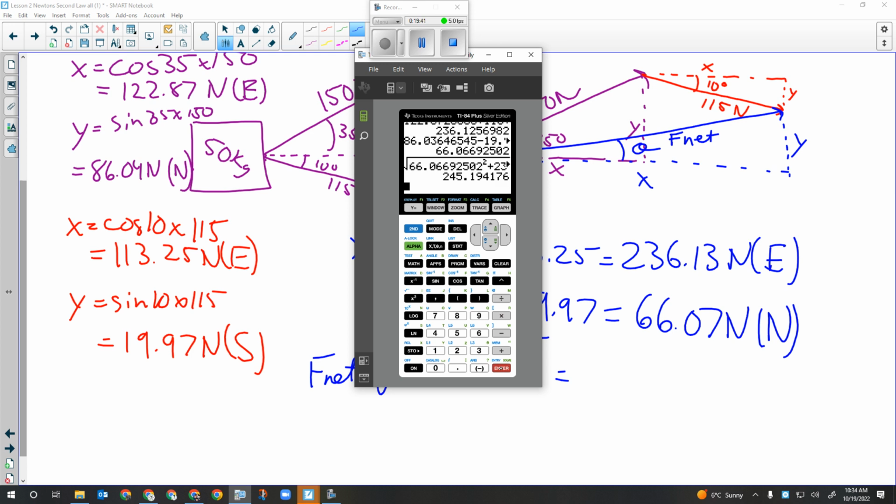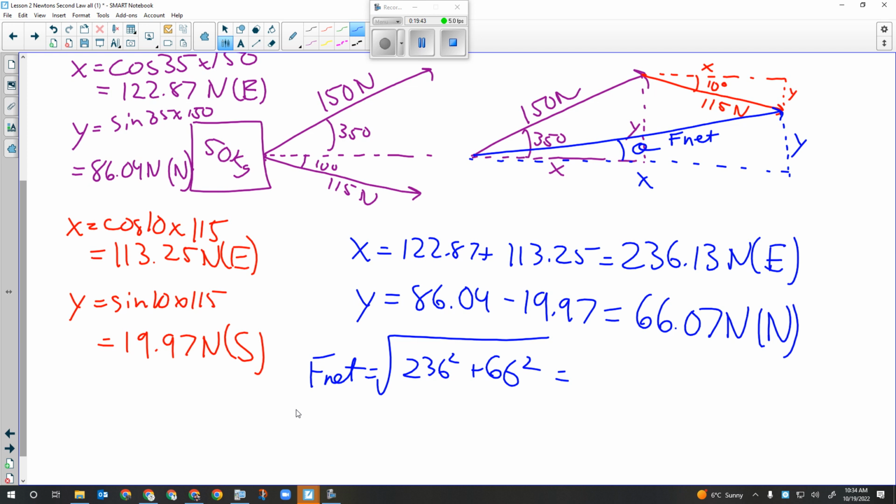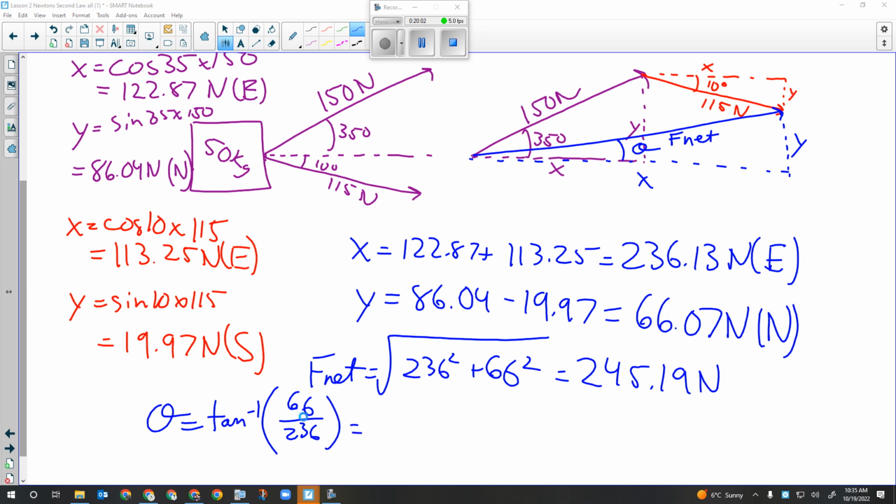Okay, so 245.19 newtons, and then I've got to get my direction. Theta is going to be tan to the minus 1 of my opposite side, which was y, so 66, divided by x, 236, obviously with all the decimals in place.